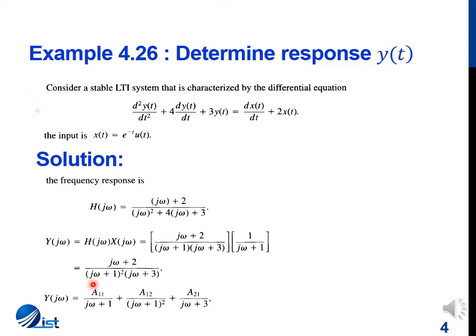Now these coefficients are being used by your book. You can take A, B, C, X, Y, Z, any coefficient you like. But we know that when we have repeated roots, the partial fraction expansion takes a form like this. So once we solve these coefficients, we get A11 is 1/4, A12 is 1/2, and A21 is -1/4.